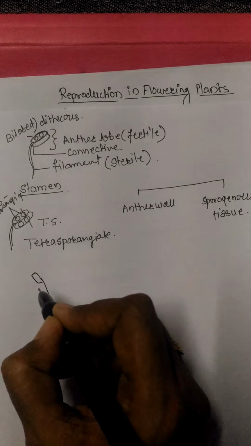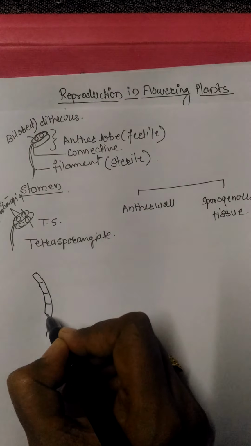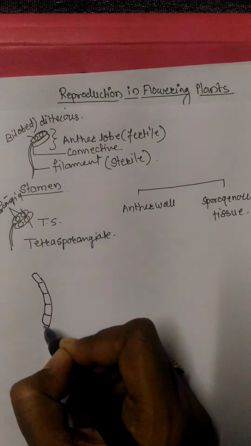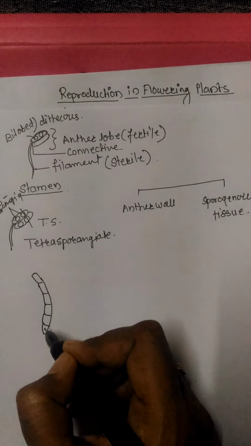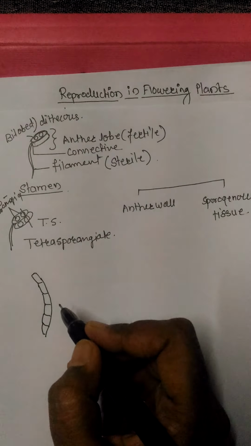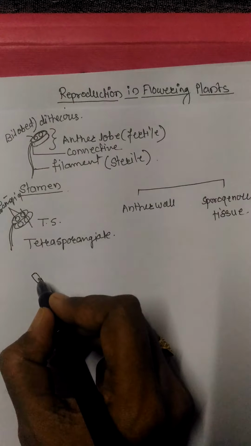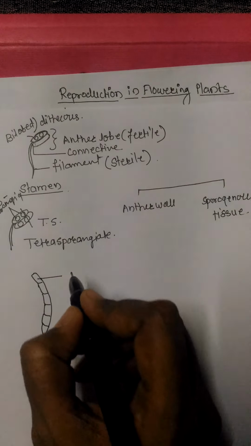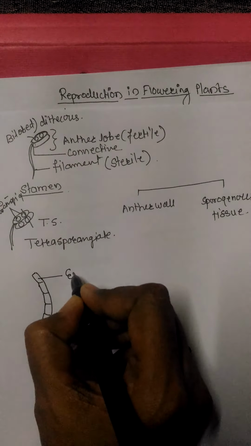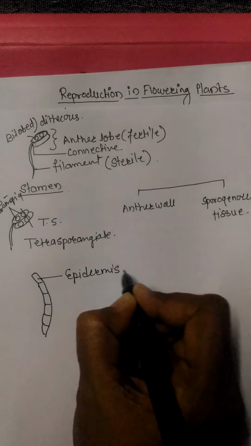That is, the outermost protective covering of anther is known as epidermis, which is a single layered structure. It is made up of tangentially stretched and flattened cells. It performs the function of protection, that is outermost layer, epidermis.